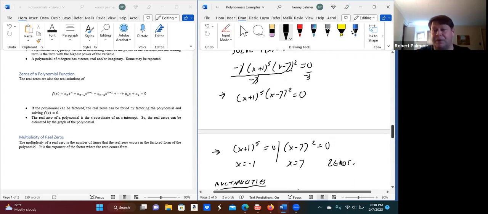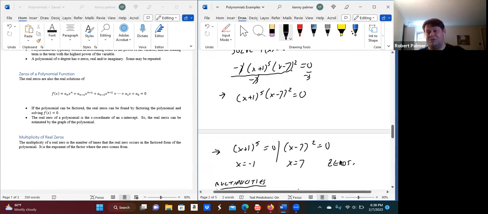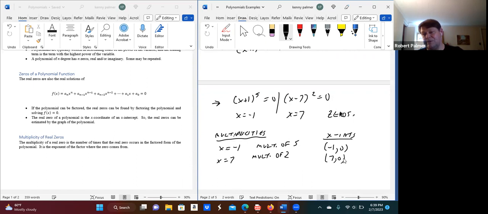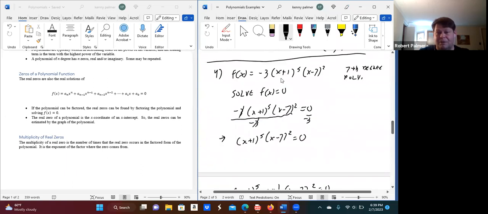And so if we graph this one, let's go back to Desmos. Also, we write one more thing: our real zeros, or x-intercepts. One of them is going to be (-1, 0), and the other is going to be (7, 0). We'll see that. So we have -3 times x plus 1 to the 5th times x minus 7 squared.